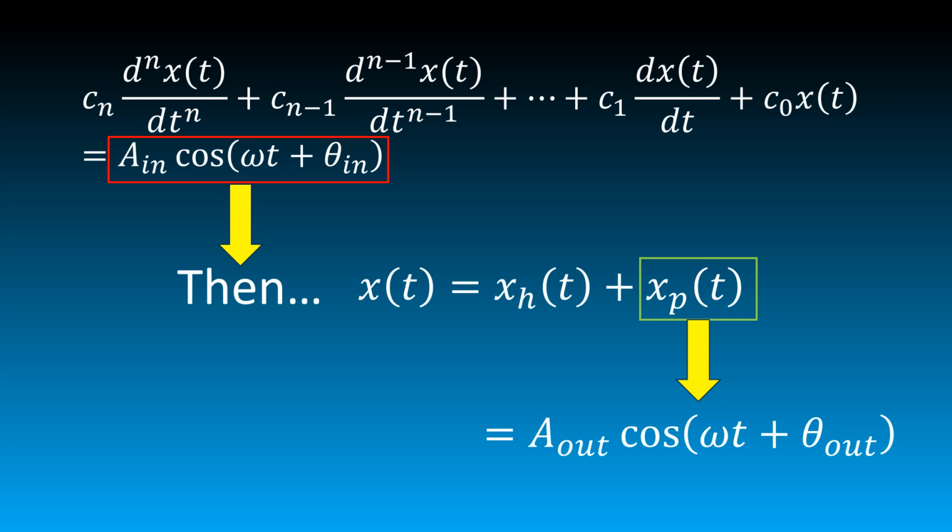So we know that the form of the particular solution must be A_out, or the amplitude output, the output amplitude, my bad, times cosine of omega t plus theta_out, which is the output phase shift. And you'll notice that omega is the same in both the input and output. And we'll see later that the homogeneous solution at steady state will actually decay to zero. But we'll discuss that in the later slides.